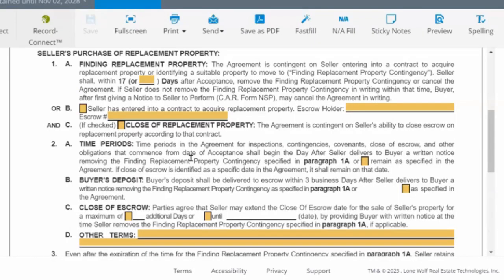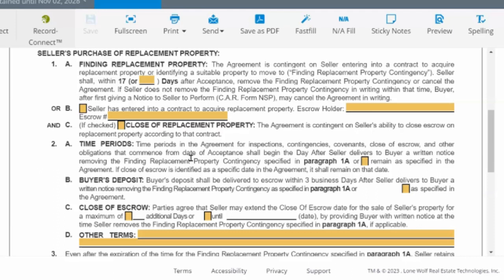Even though we're going to eliminate some of our buyer's risk by having the time period start after the seller finds their replacement property, the seller's going to do their own inspections, and if something comes up and they can't come to terms and the seller ends up backing out of their replacement property, they have the ability to then cancel the contract with your buyer, and your buyer then is out, without any fault of their own. They're out any money that they've spent on inspections and appraisals up to that point, right? Does that make sense?